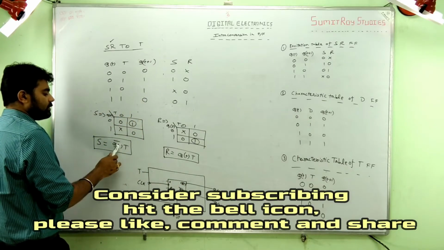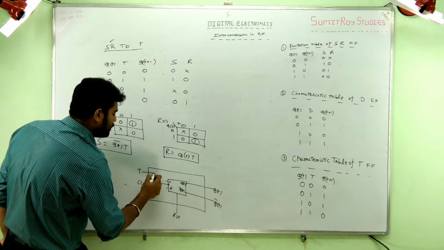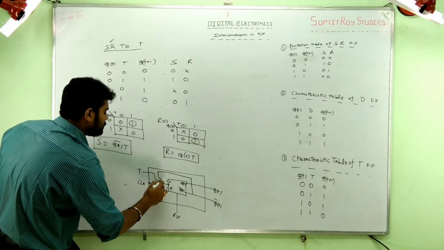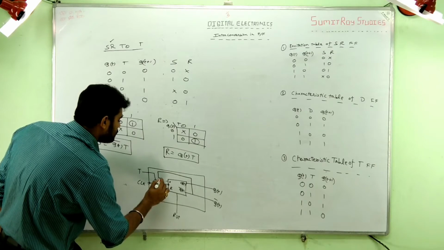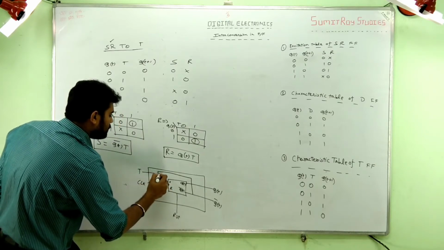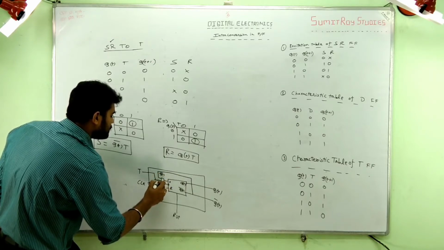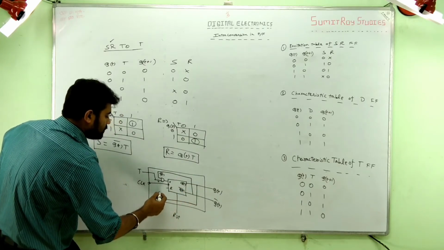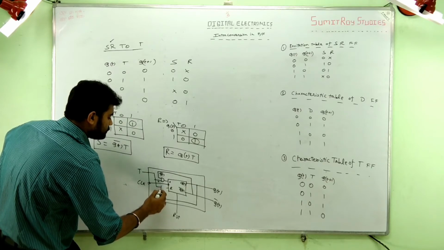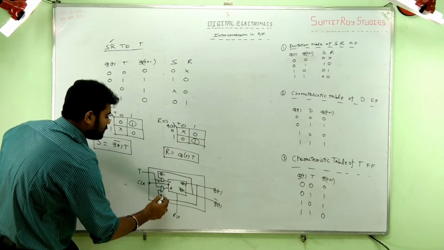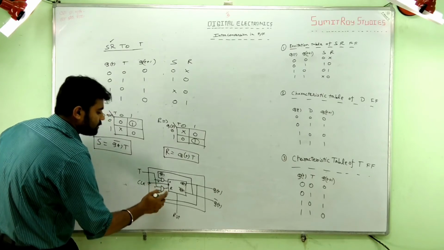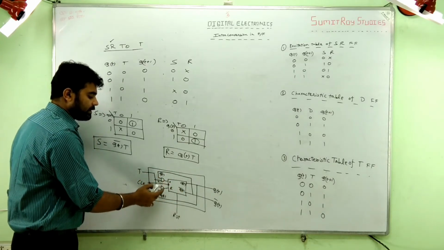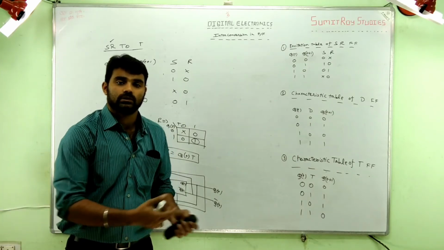Now we just have to join it: QT bar and T are there, so S is QT bar T. R is QT into T, so R is QT dot T. So this is the interconversion that is required: with SR, and with the help of two AND gates, we can convert it into a T flip-flop.